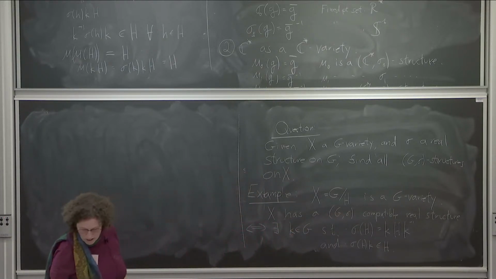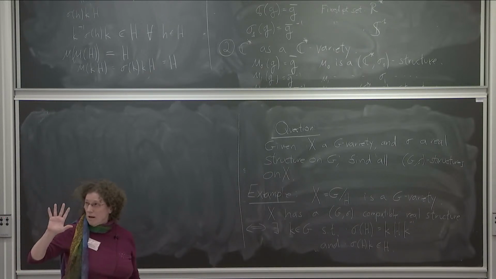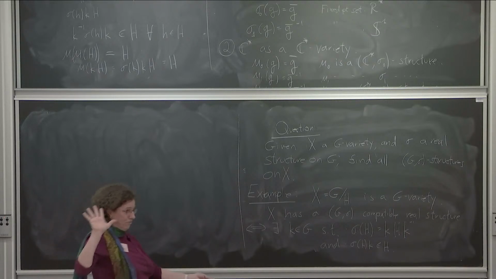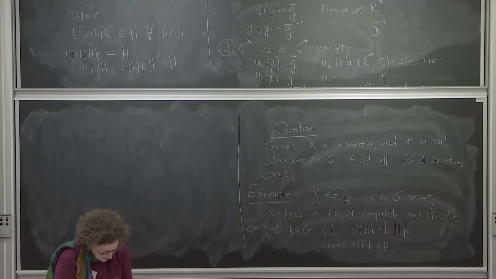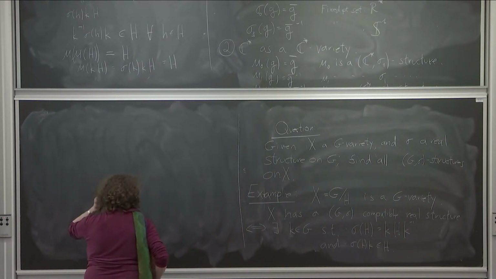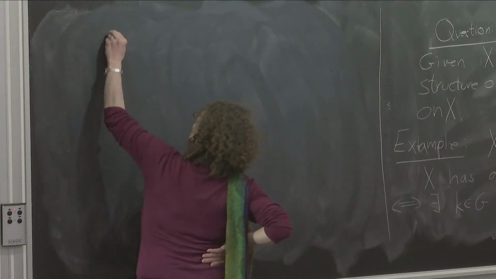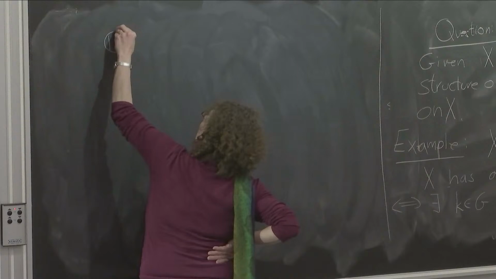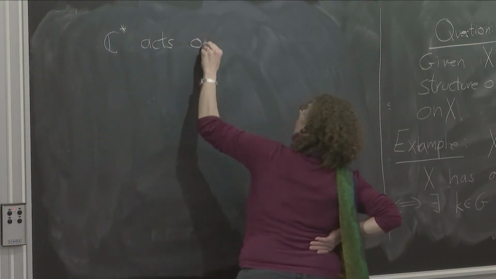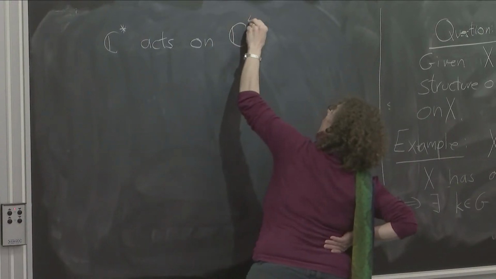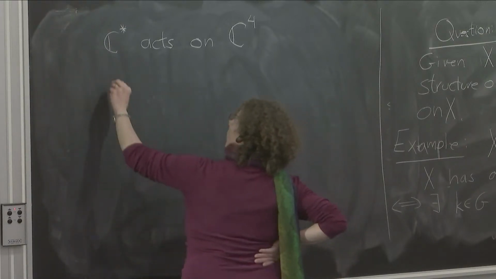So what I want to do today is come back to the vector bundles and spend, well, I have, what, 7 minutes? 7 minutes, okay. I'm going to do something else today: I can look at the example of C star acting on C4 linearly.